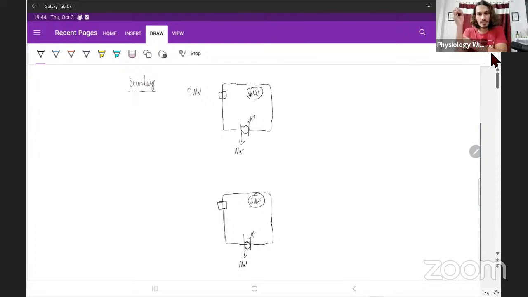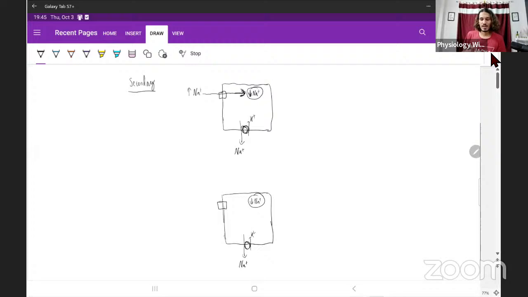Usually, sodium is high outside. Now the inside became lower. Because of that, it's going to go down the concentration gradient, nothing much done here. But energy was utilized here.